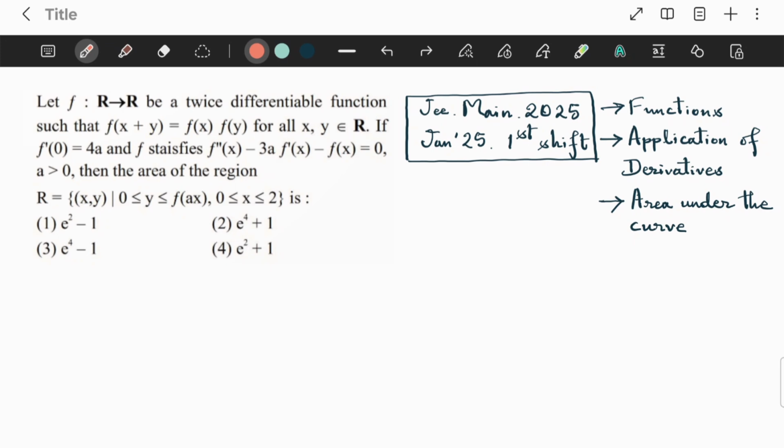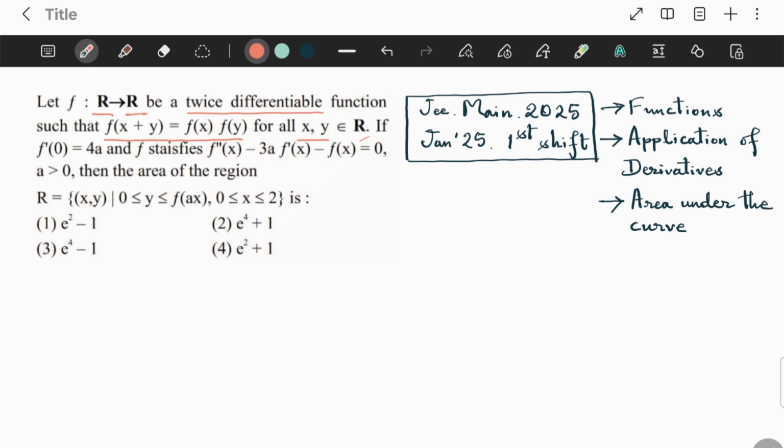First, when you see this kind of question, what should be your approach? The question says f is a real to real function which is twice differentiable, and they have given a structure for this function, and it is also said that x and y both are real numbers.